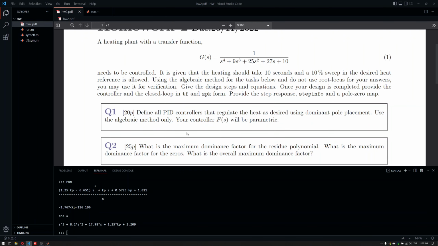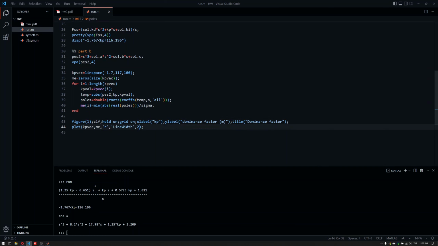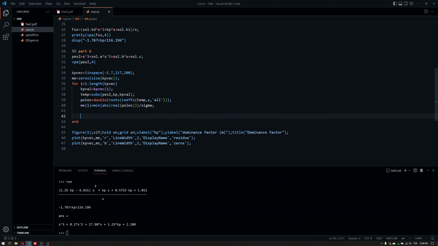Now, in the task here, we can also see that we are looking for the zero polynomial 2 and then overall. So what I'm going to do is I'm going to assign this a display name here. Display name, call it residue, and I will have something called MZ, which will be representing basically the zeros here. We will only have 2 zeros, so it will not be that bad.